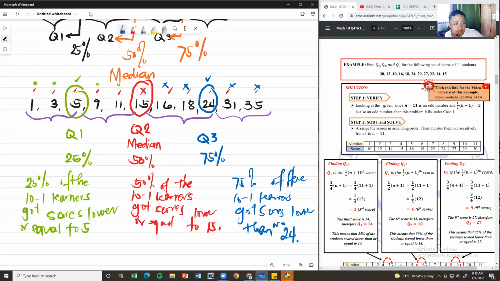First quartile, second quartile, third quartile, or pwede rin nating i-interpret lower 25% or upper 25%, lower 50% or upper 50%, or lower 75% or upper 75% of the class. Kindly try to make a vision of yourself. Where do you want to see yourself in your class? Type your answer in the chat box.